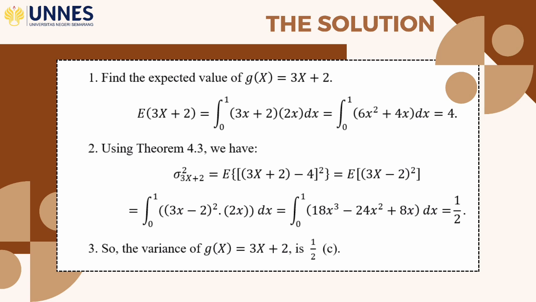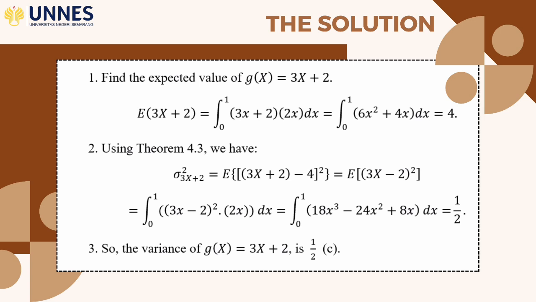Equal integral from 0 until 1 of 6x squared plus 4x dx, which is 1 over 3 of 6x power 3 plus 1 over 2 of 4x squared, and we have 4.